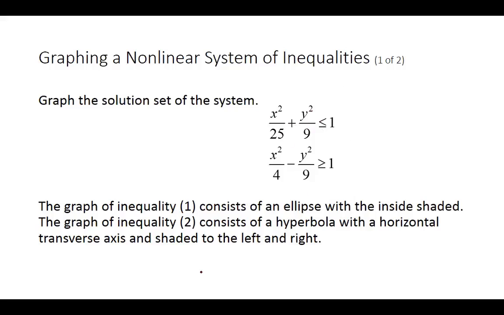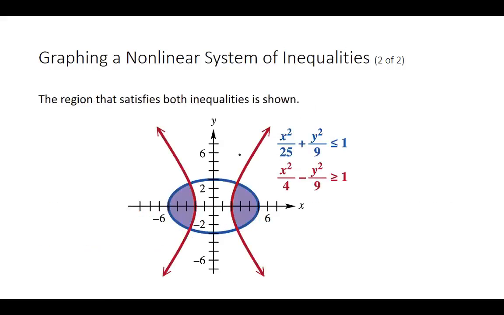Usually (0, 0) would be a good test point. The second graph is a hyperbola with a horizontal transverse axis. You can look at the graph here. If you graph the hyperbola and the ellipse and use the test point, you can see the region of intersection would be what is shaded here. So this would be the solution to that.